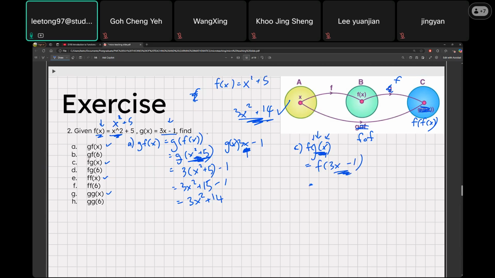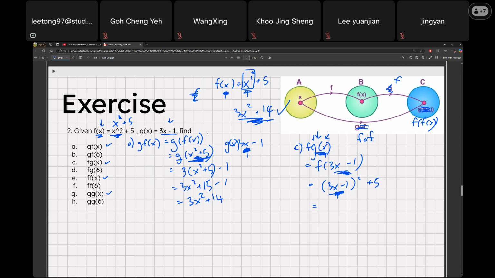So we replace x with 3x minus 1, squared. We need to write the function g inside the square because in fx, the x is squared. Plus 5.